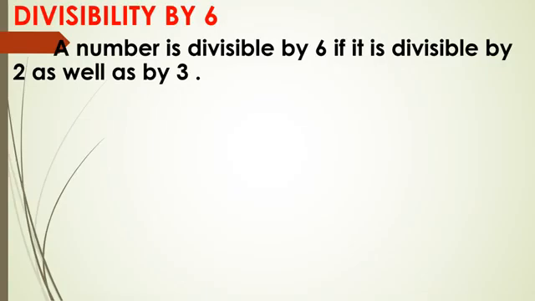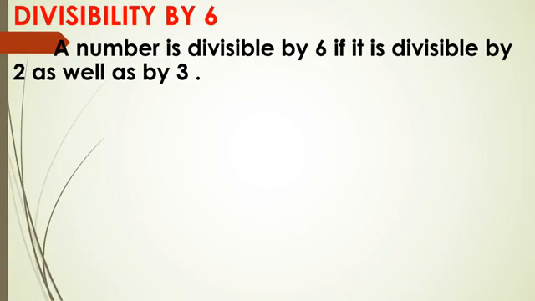You have done divisibility of 2 and 3 both. So now for 6 you have to check for a particular number divisibility of 2 and 3 both. If a number is divisible by both, then that number is divisible by 6 also.